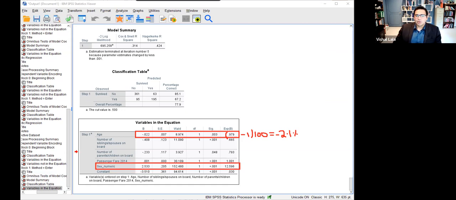So if you were to compare males to females, that is, what happens to the likelihood of surviving after sex numeric goes up by 1, well, the likelihood of surviving of females compared to males is 12.596 minus 1 times 100, or 1159.6% higher.